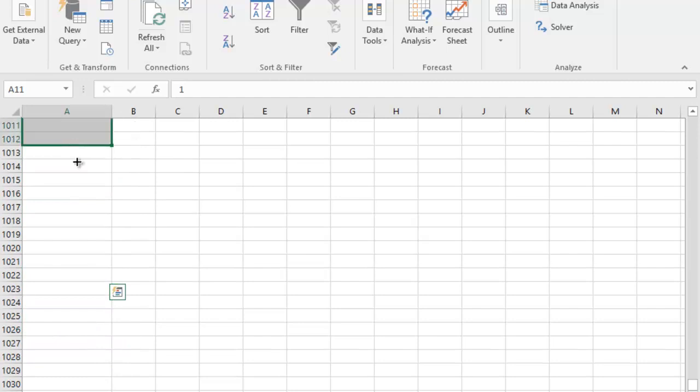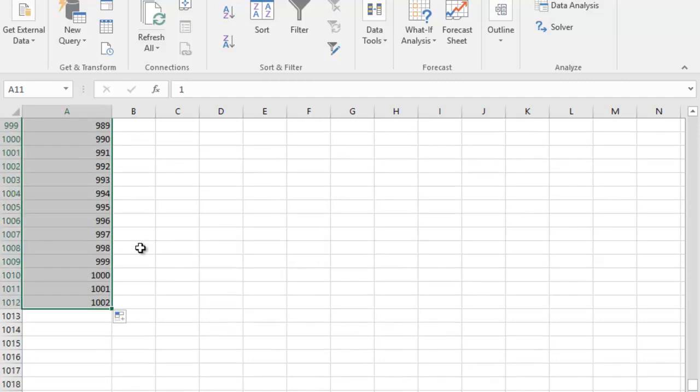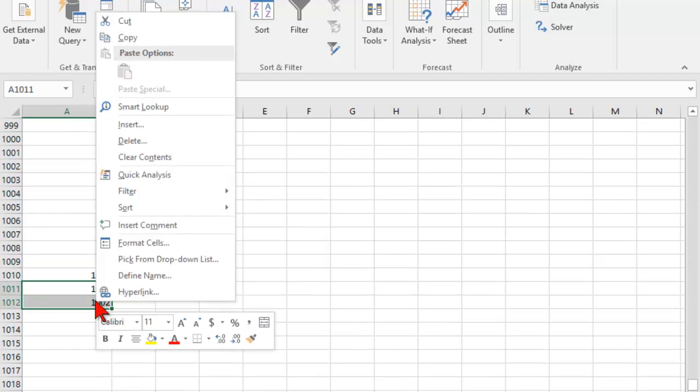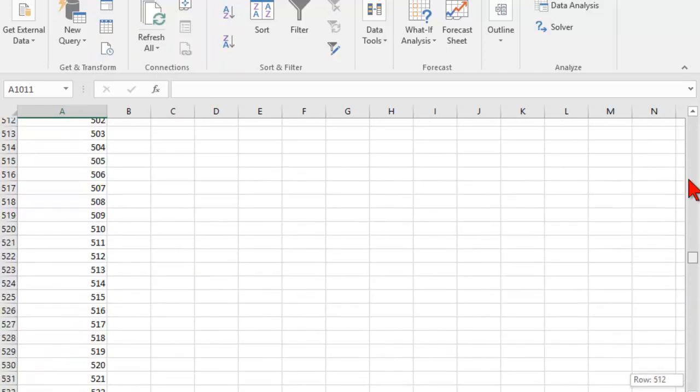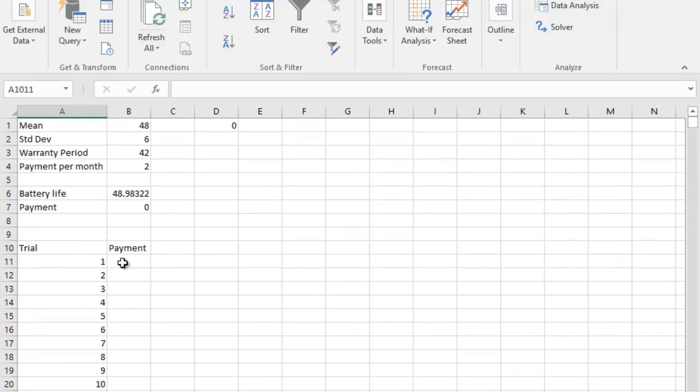So I think about right here, and get rid of a couple extra. And now, similarly to what we had before, the payment should be taking this information from cell B7.